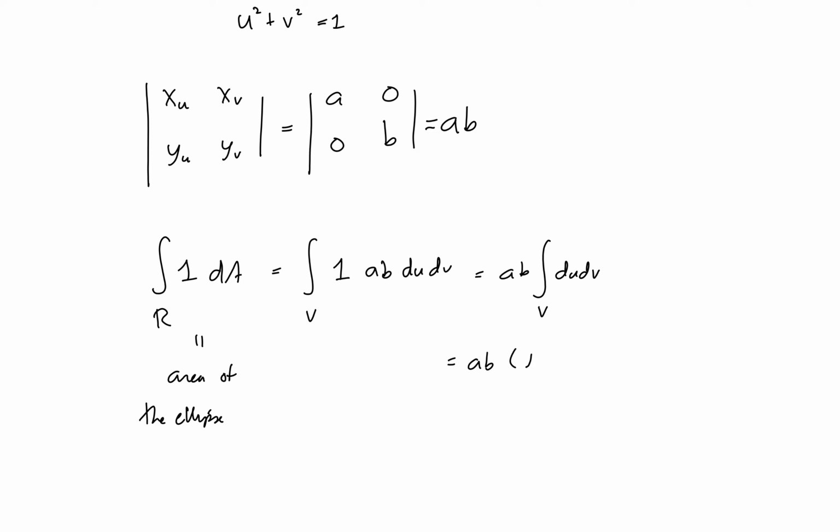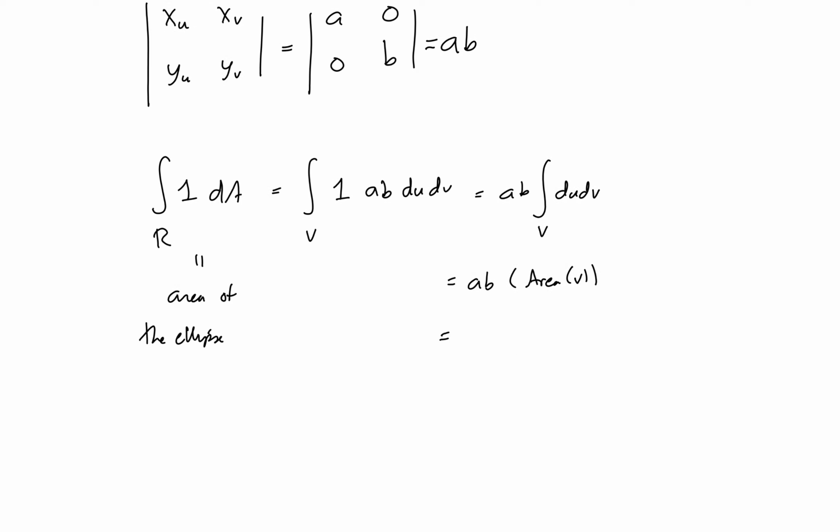Well, this is AB times the area of V, which is just AB pi 1 squared, so pi AB. So we recovered the formula for the area of an ellipse just from looking at the change in coordinates.